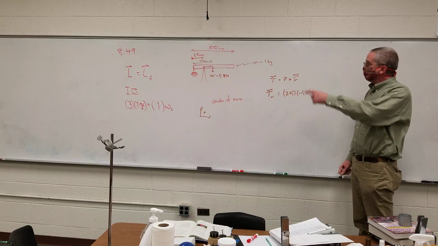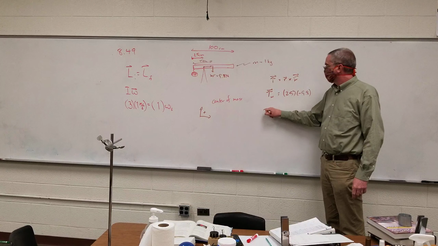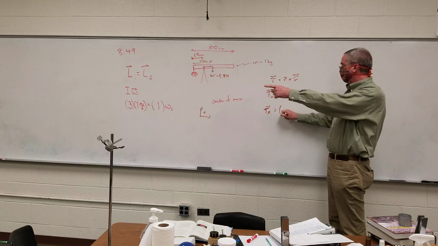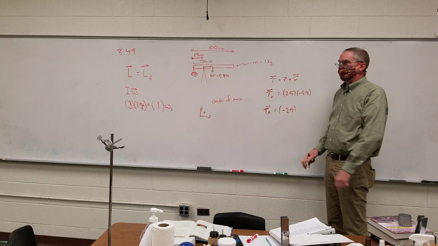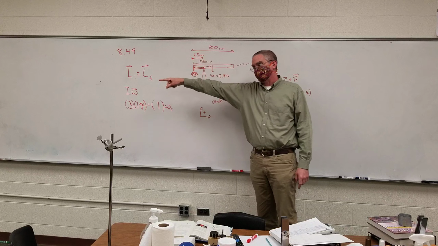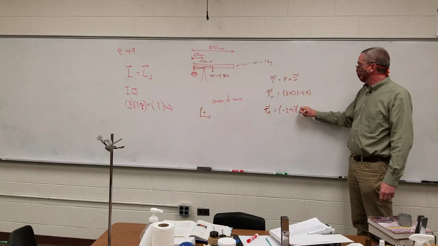The torque from my rock is negative 25 centimeters, because my moment arm is from the pivot point to where the force is applied, so it's going that way, times the weight of the rock.